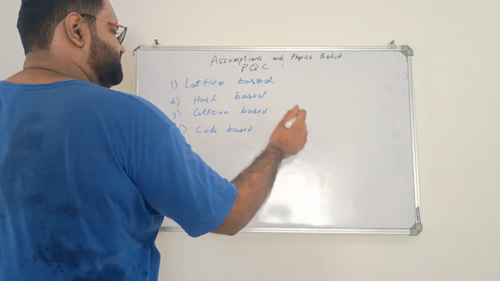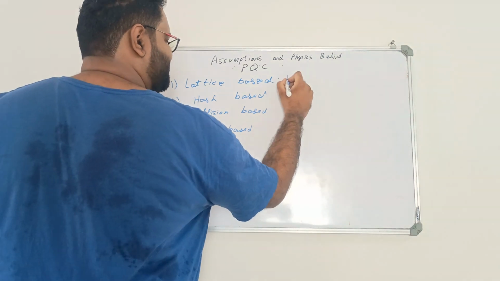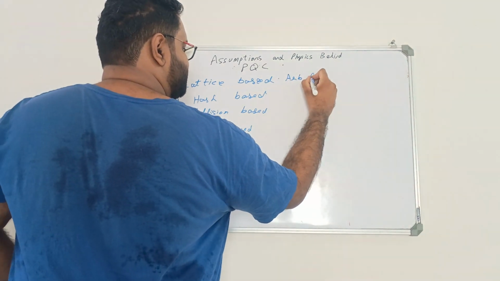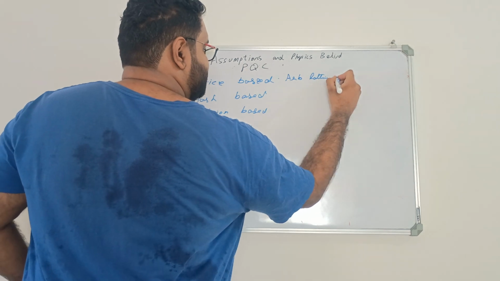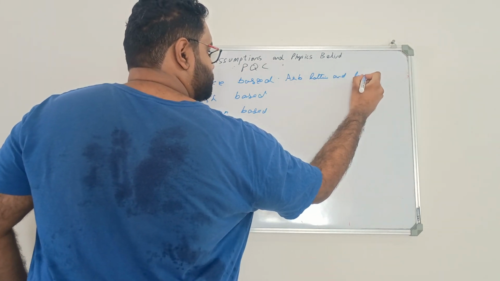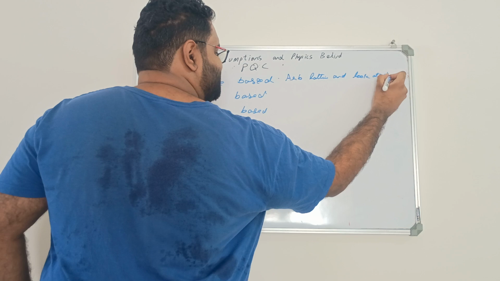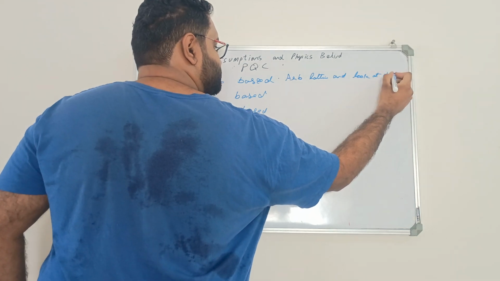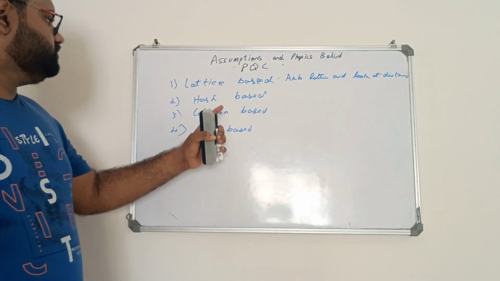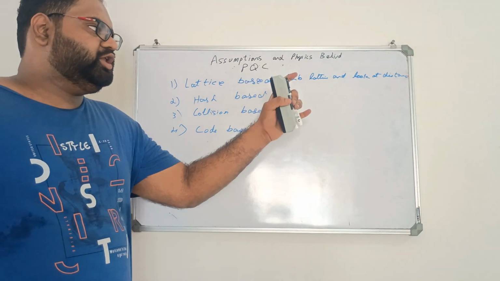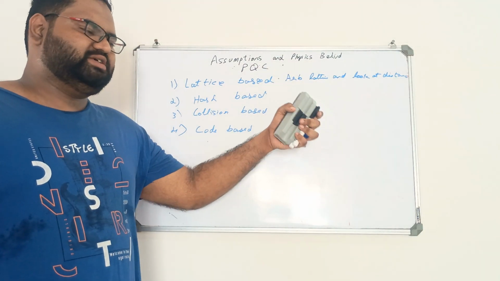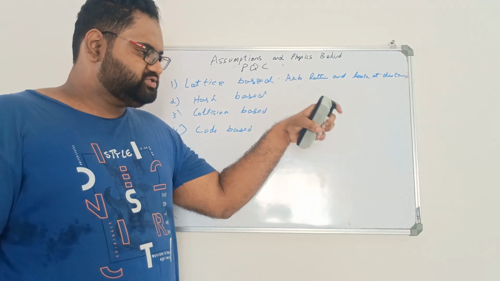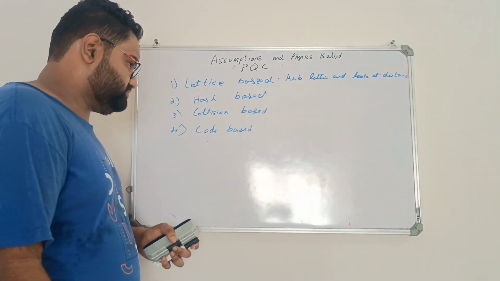So one is lattice-based cryptography, where you use an arbitrary lattice and look at distance. So what we do is we take a particular material or metal or semiconductor or whatever, and we introduce some abnormalities in the lattice.